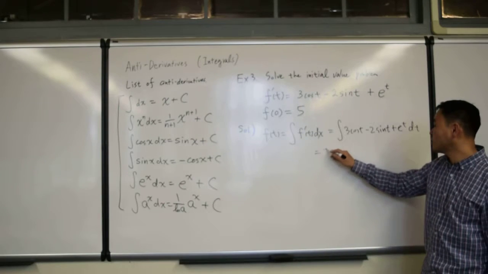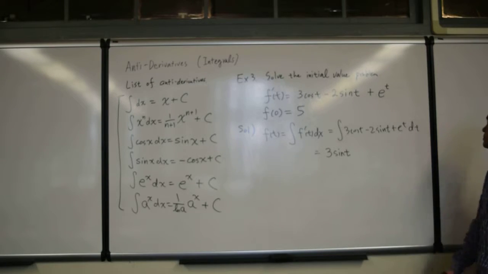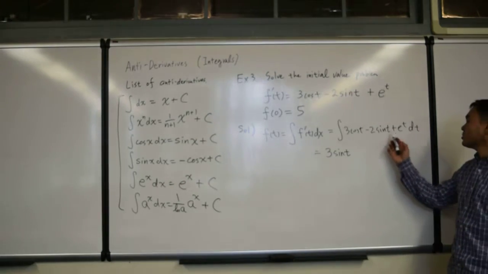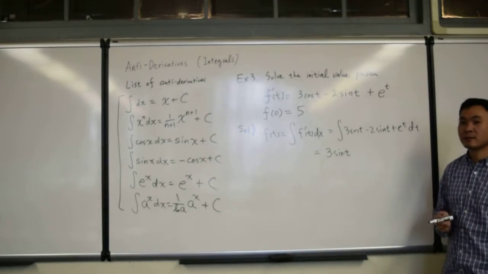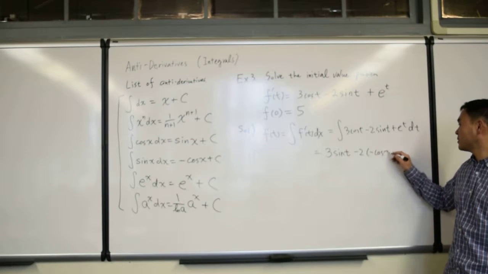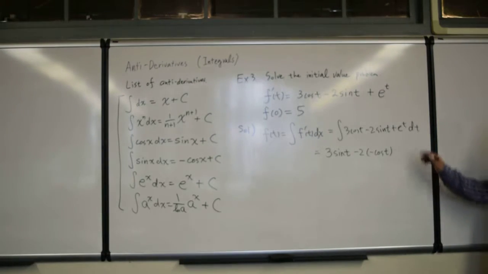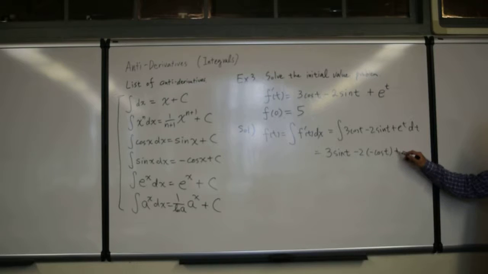So you have 3 sine t. What's the integral of sine t? Cosine t. And the integral of e to the t? E to the t. That's it? Plus c.